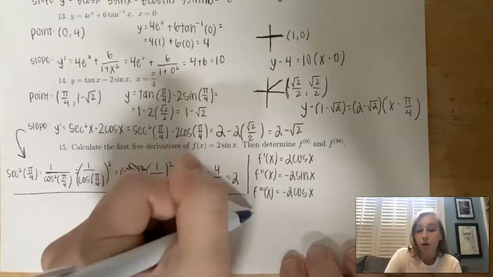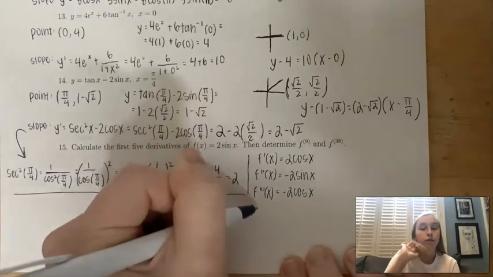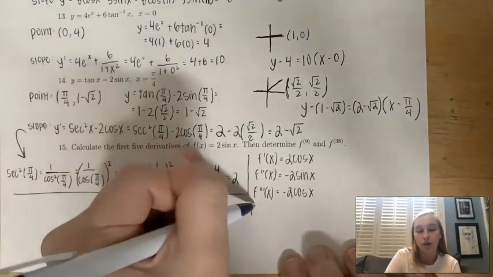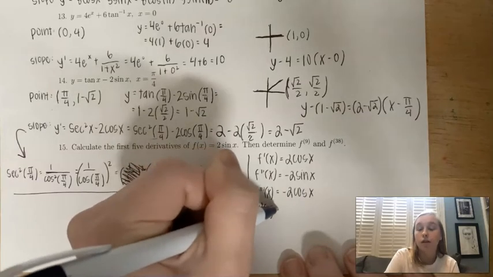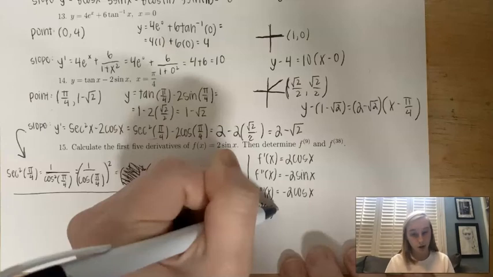So the next one, the fourth derivative. The derivative of cosine, as you know, is negative, so it's negative sine x. But since there's already a negative lingering on there, it actually just turns into 2 sine x.